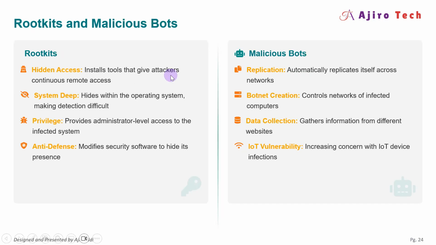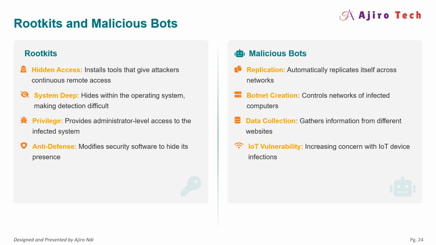So when we talk about the rootkit, the rootkit is a type of malicious software that is designed to install a set of tools on a computer that allows the attacker to have remote access to that computer continuously.